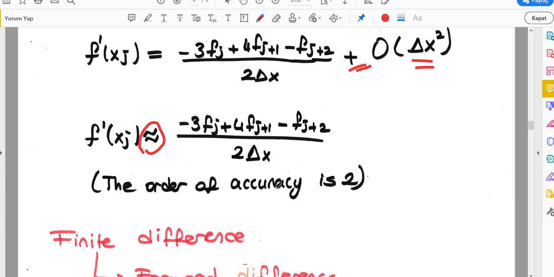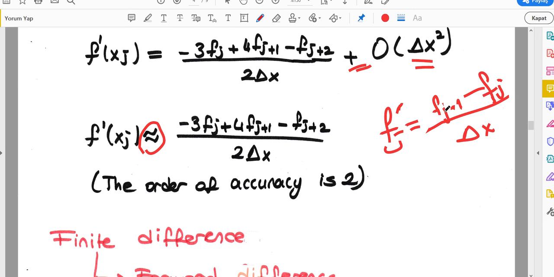In the previous exercise, we have seen that 2 points, f of x_j plus 1 and f of x_j, by using these 2 points, I'm approximating the first derivative to first order. So f prime at j can be written as f of j plus 1 minus f sub j, divided by delta x. This was giving you first order approximation in the previous exercise. You may follow the previous exercise one more time.